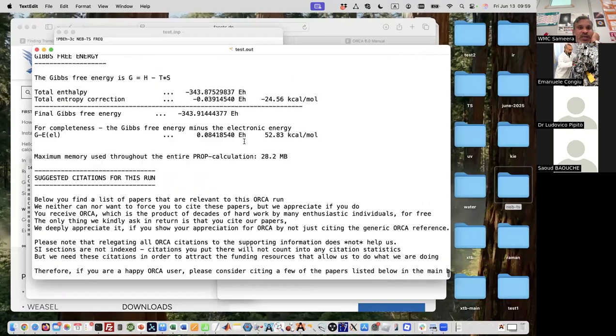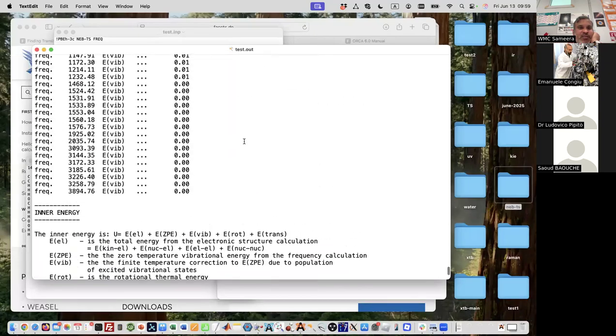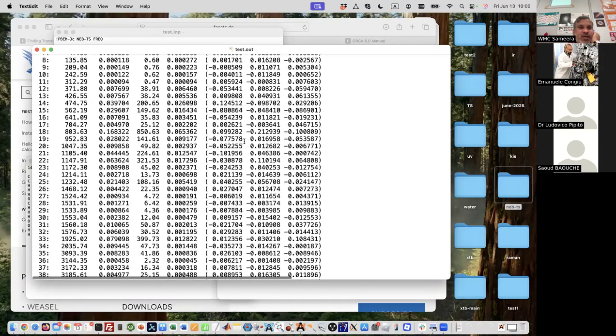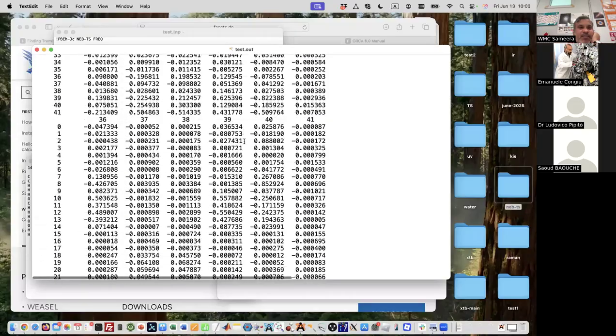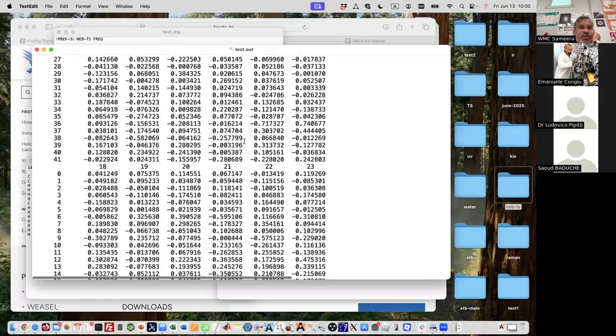If you go up you will find information about vibrations, so it's important to look at it. Let's look at the vibrations.